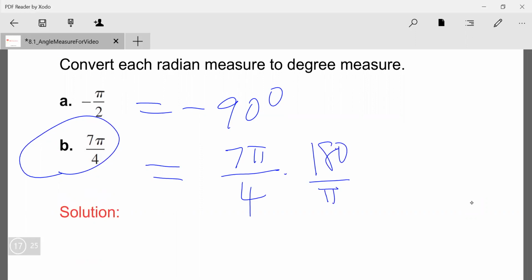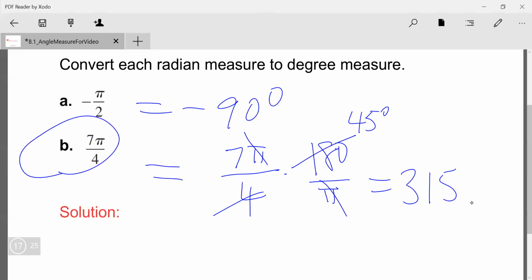So if we simplify this, cancel pi here, cancel pi here, and 180 divided by 4 is 45. And you simplify this, you get 315. Okay, that's it. That's the answer.